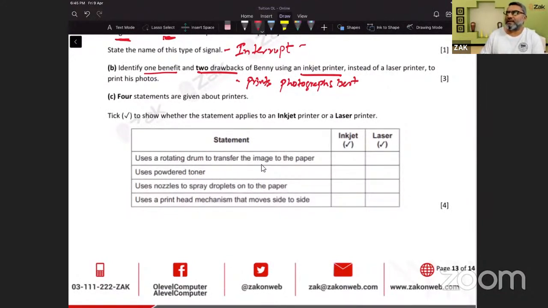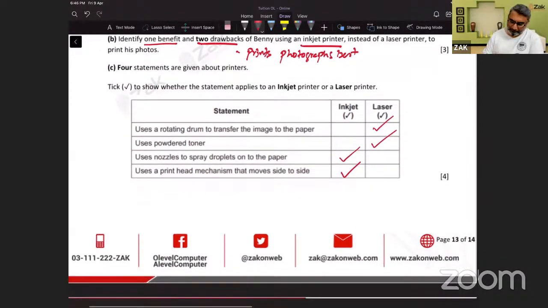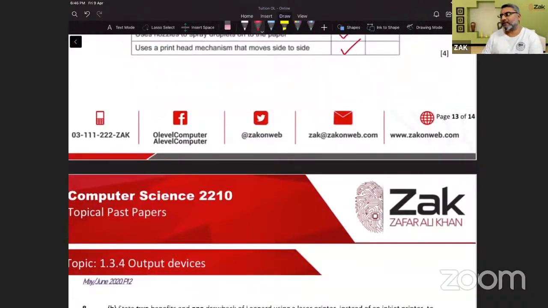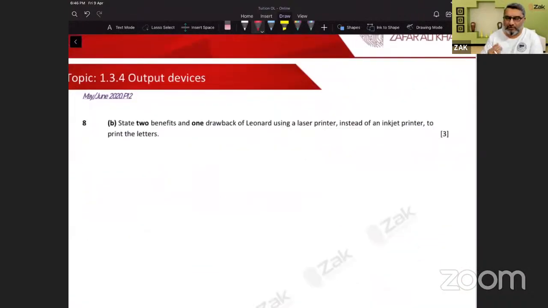Uses a rotating drum to transfer the image, laser. Use powder toner, laser. Use nozzles, inkjet. Use a print head, inkjet. Laser does not have any inkjet head. So can we write that ink cartridges are less expensive? Yes, you can write. They are less expensive, Ali, लेकिन मसला ये वो प्रिंटर से महंगी होती है, प्रिंटर सस्ते होते हैं. अगर आप 5,000 का प्रिंटर लेंगे तो 7,000 की टोनर आएगी, लेकिन आप उसको रिफिल कर सकते हैं.